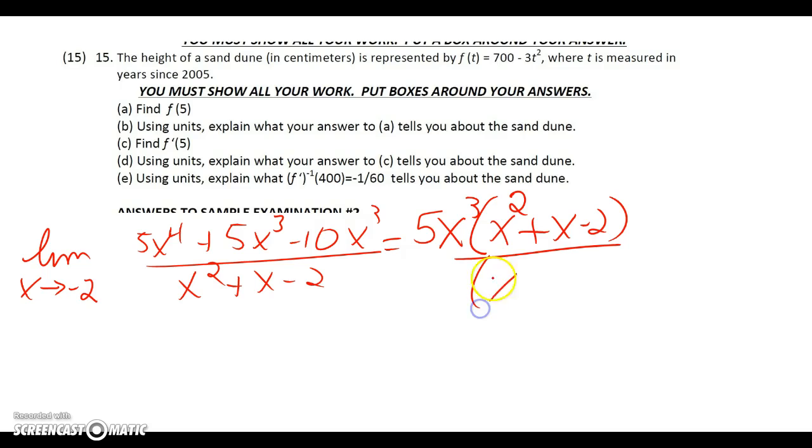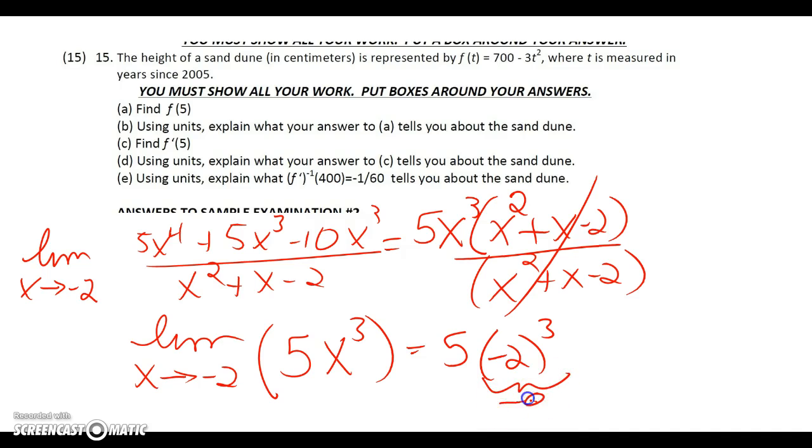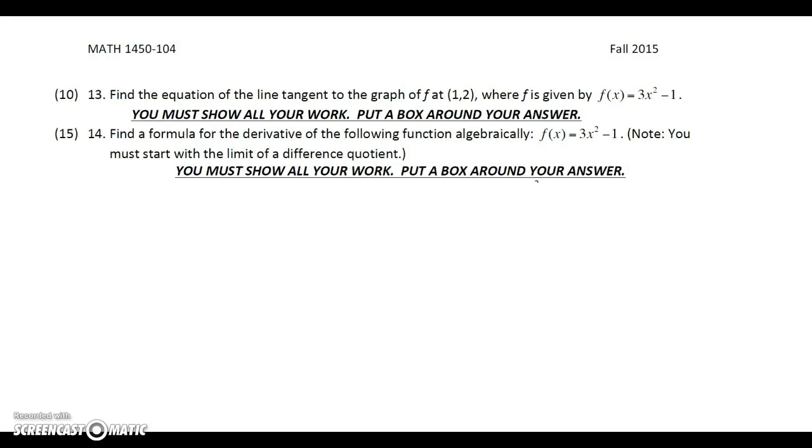Guess what? That's the same as my denominator. So those cancel. So now I have the limit as x goes to negative 2 of 5x to the 3rd. Alright, 5 times negative 2 to the 3rd. Negative 2 to the 3rd is negative 8. 5 times negative 8 equals negative 40. And that's the answer.